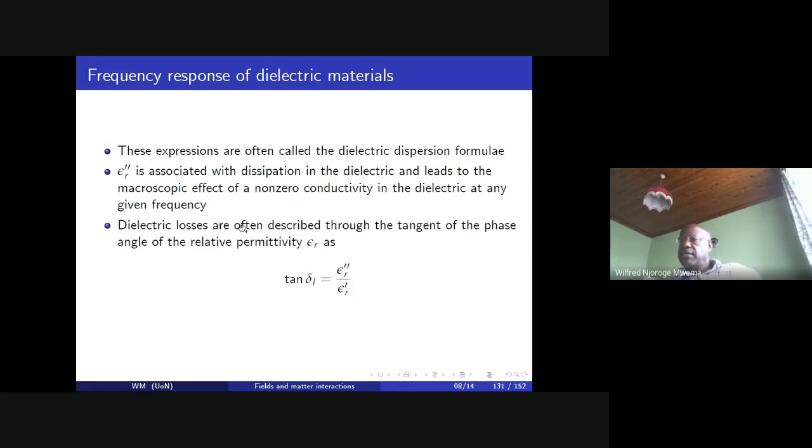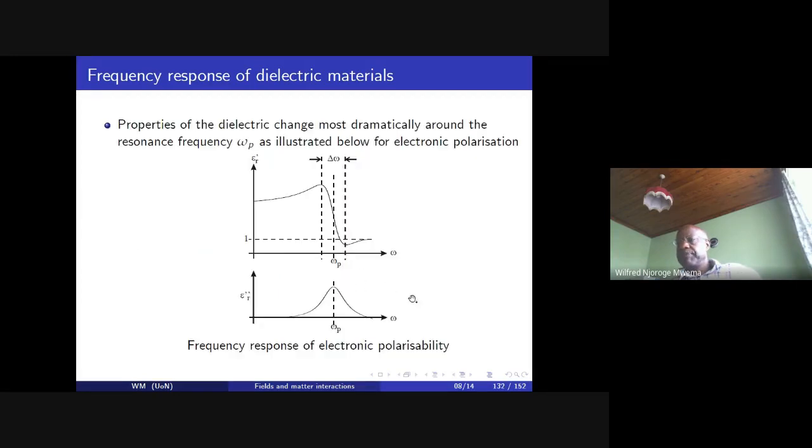So dielectric losses will often be described through the tangent of the phase angle of the relative permittivity as follows. And the tangent of delta L, or the loss angle, is going to be given by epsilon r double prime divided by, that is the imaginary part divided by the real part.